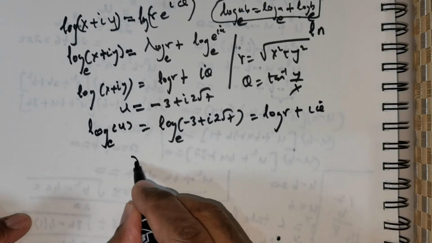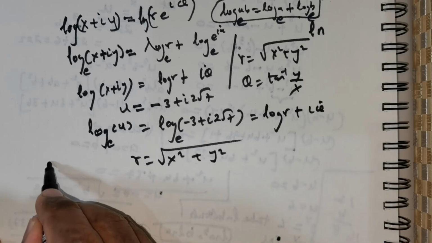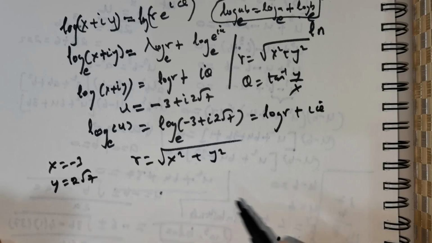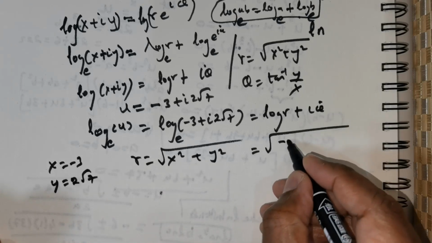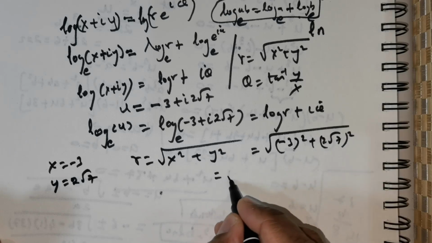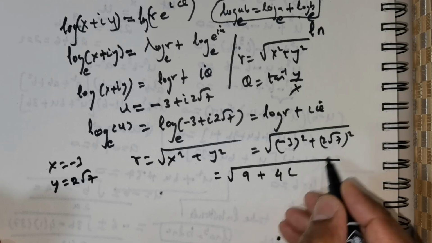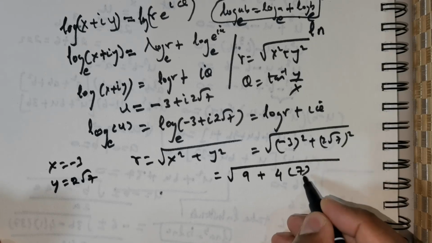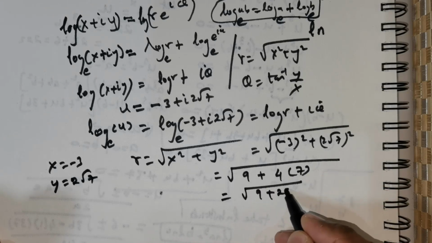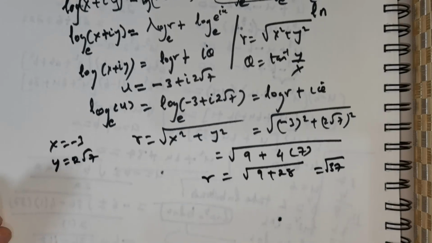But what is r? r is equal to root of x squared plus y squared, where x is negative 3 and y is 2 times root 7. So this is root of negative 3 squared plus 2 times root 7 squared, which is root of 9 plus 4 times 7, and 7 fours are 28. 28 added to 9 is 37, so r is root of 37.